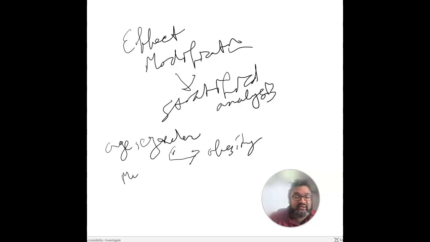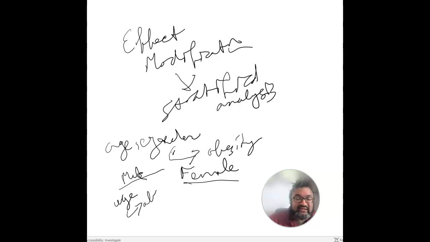So you complete a stratified analysis. Here you complete an analysis for males and then separately for females. Let's say that among males, is there a connection between age and obesity? And then for females, is there a connection between age and obesity?